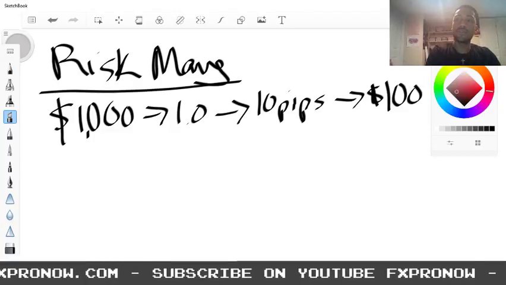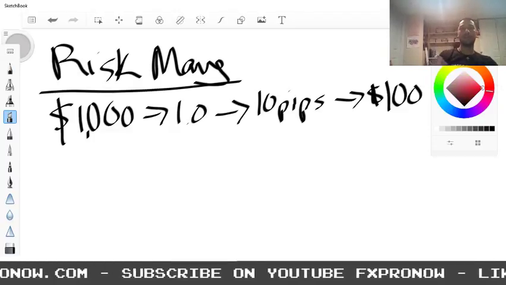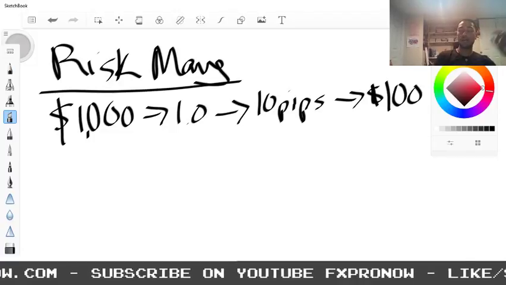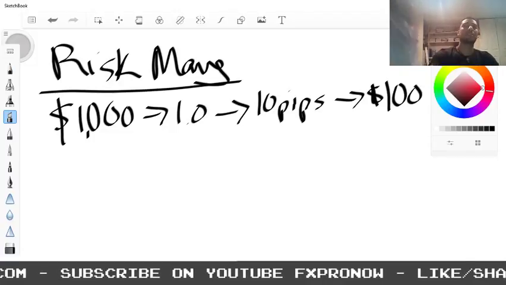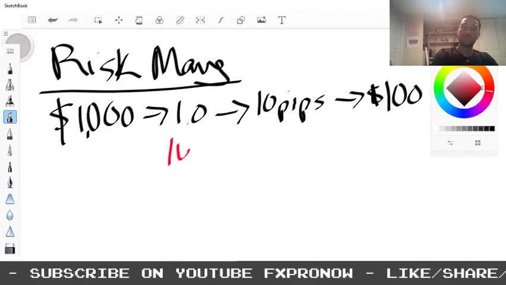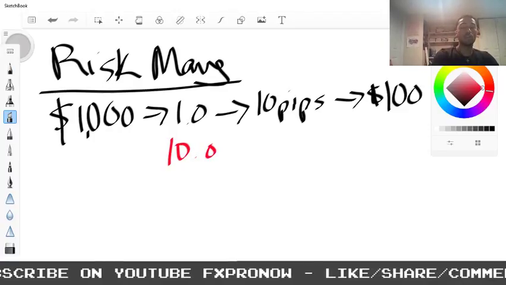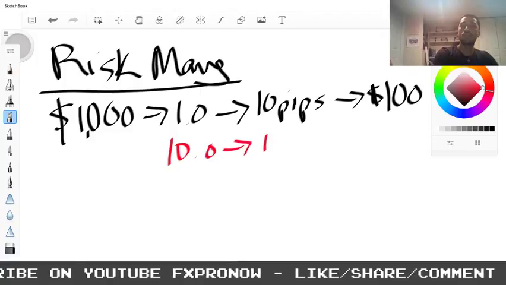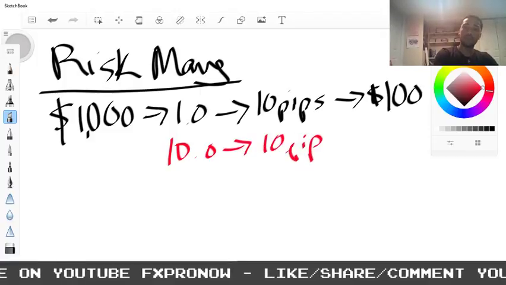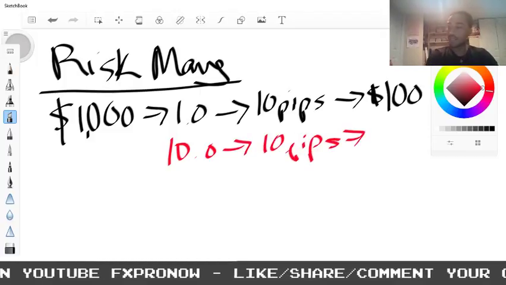Now, why wouldn't I do a higher lot size? Because you're probably thinking, man, I might as well just do 100 lot. Well, because I could make 10 grand with 10 pips. Well, it doesn't really work like that. Because let's just say you make a mistake and you do a 10 lot, and it moves 10 pips. Cool. But it moves 10 pips in the wrong direction.